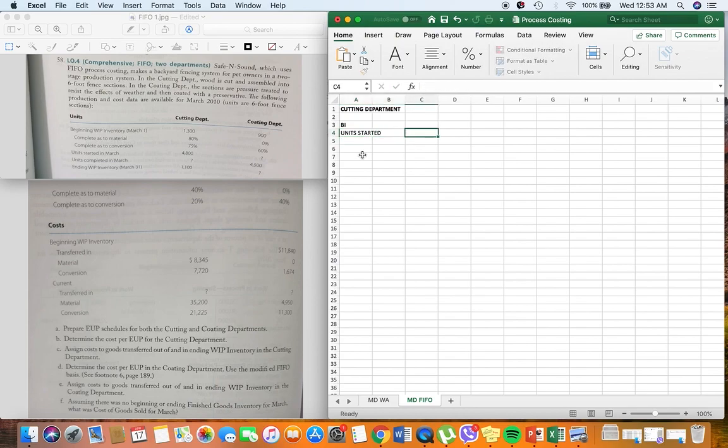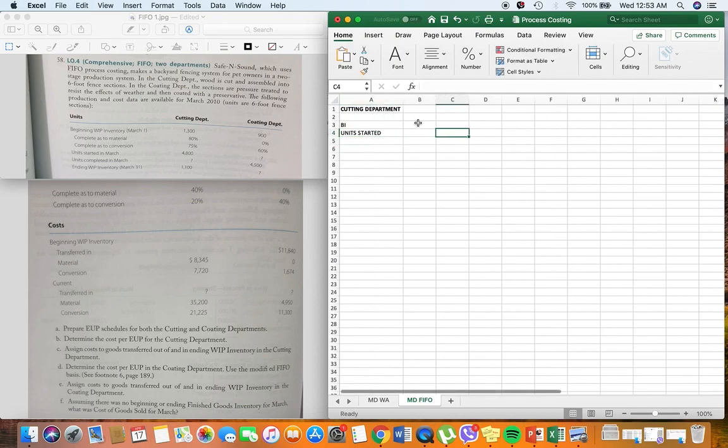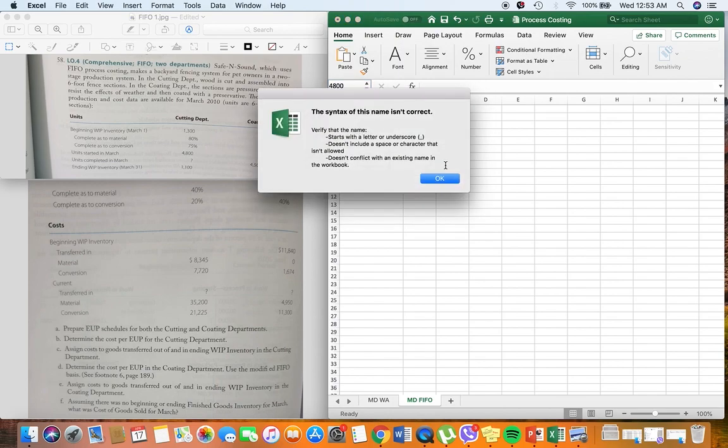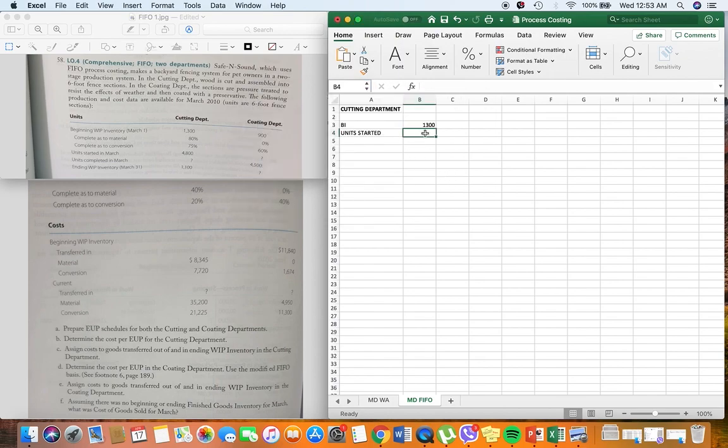So, for the cutting department, the number of units in the beginning inventory is equal to 1,300 and the units started for the month of March is equal to 4,800 units.